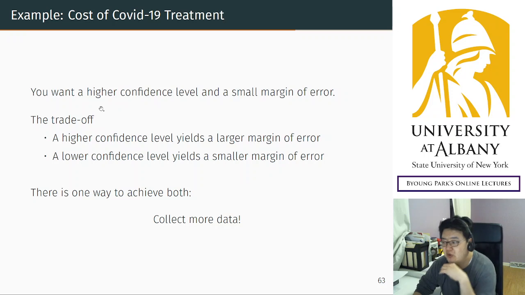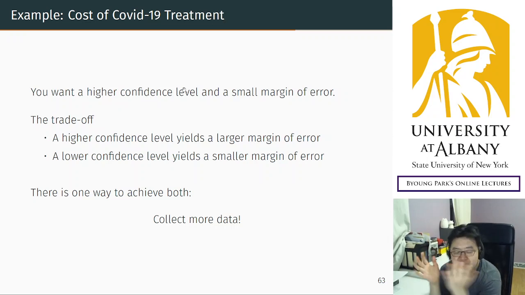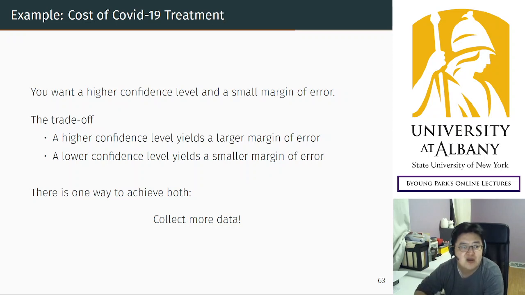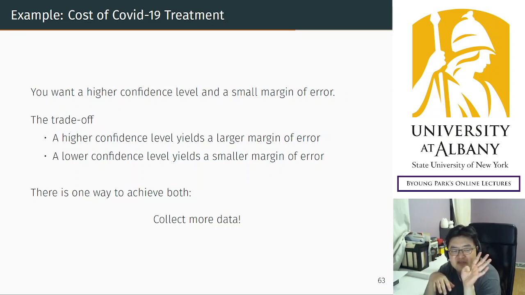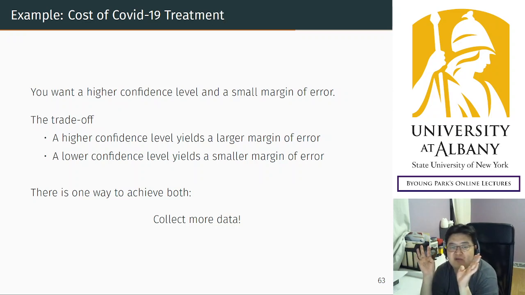I will call it a lecture, but let me introduce what we are going to do in the next video. So, we learned how to calculate a confidence interval given a confidence level. In the end, we learned we want to have a higher confidence level and a smaller margin of error.